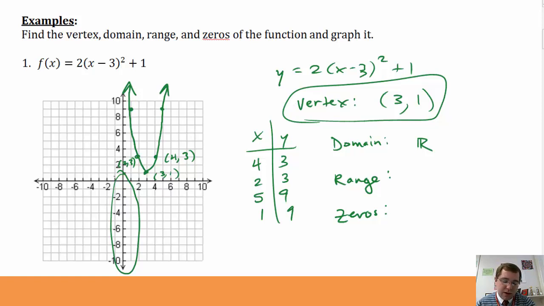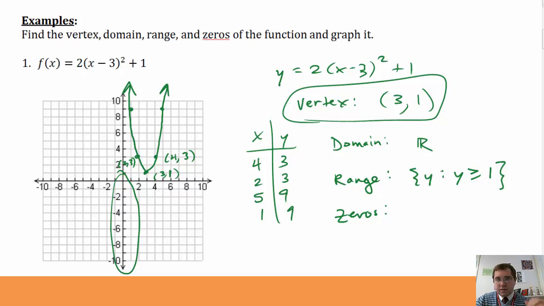In this case, it's everything from the vertex and above. So the range here is the set of all y, because range is y, such that y is greater than or equal to 1. Why 1? Because that's the y coordinate of the vertex. That's the lowest value for y I can get out when I plug in numbers for x. And I can get that, so I want it greater than or equal to 1. I can get anything above 1, I just can't get anything below it.